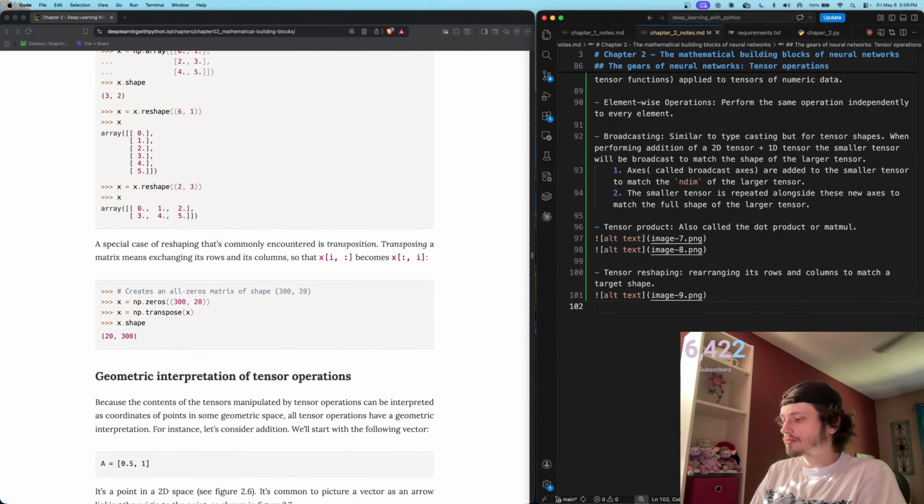Transposition. So transposition, exchanging rows and columns.